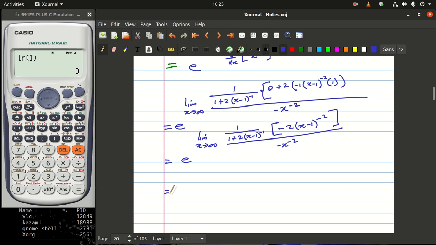And then let's hope now that things can actually work out. We need to simplify this a little bit. How do we simplify it? This is not going to be a little bit easy. Let me try. I'm going to have e, I'm going to have the limit as x approaches infinity, and then here we'll end up having 1 divided by 1 plus 2 divided by x minus 1. And then I'm still focusing only on this part, so I'm going to focus on this and then focus on that and see what we are getting.